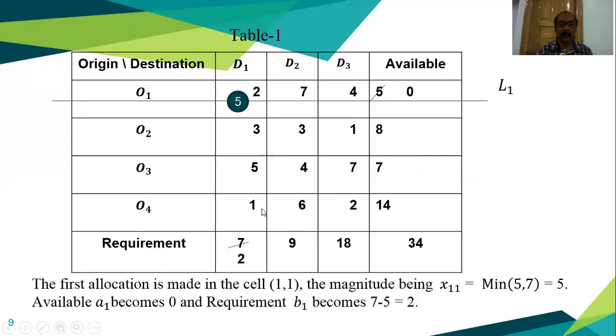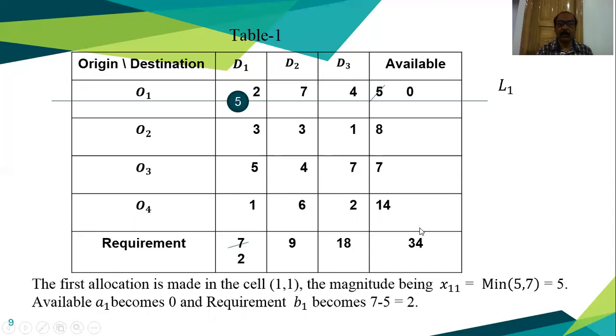The minimum of 7 and 5 is 5, so we allocate 5 here. Since 5 is exhausted, we cross out and put 0 here. That means after allocating in the cell 1 1, x11 is equal to 5 and no availability is left, and 7 minus 5 is equal to 2. So 2 is left as the demand right now in the destination D1.